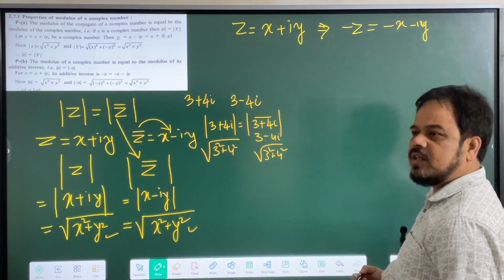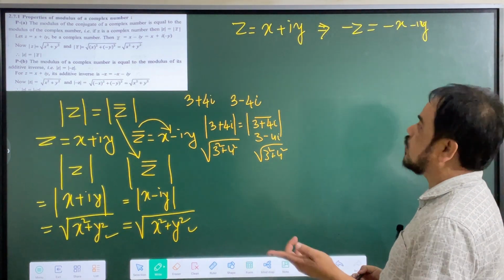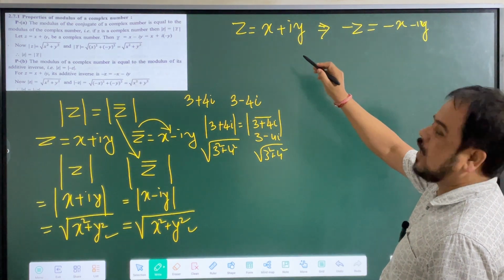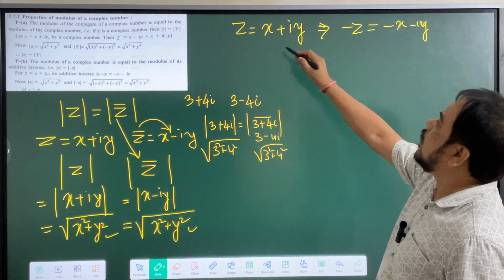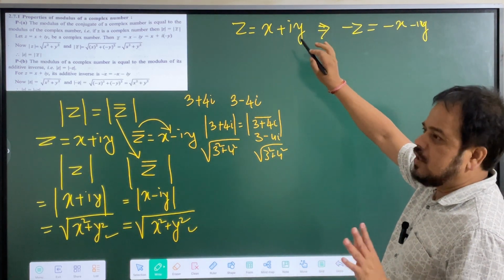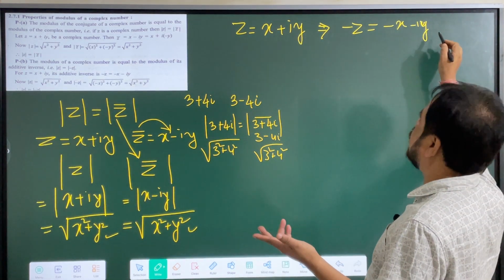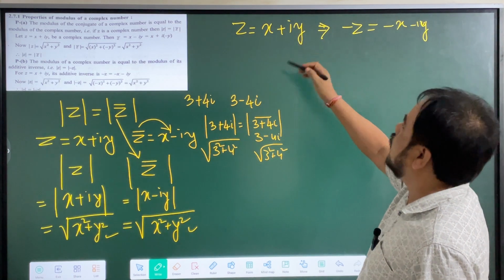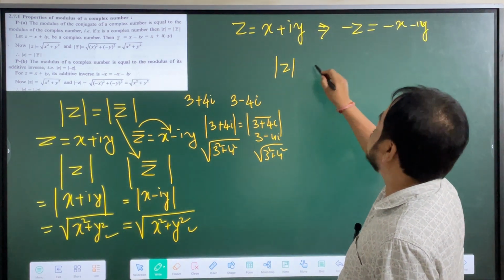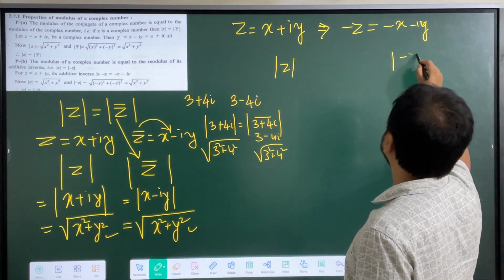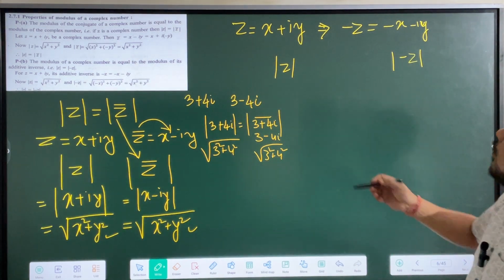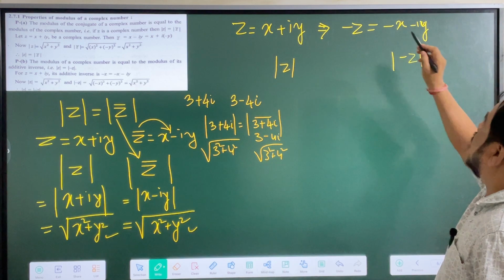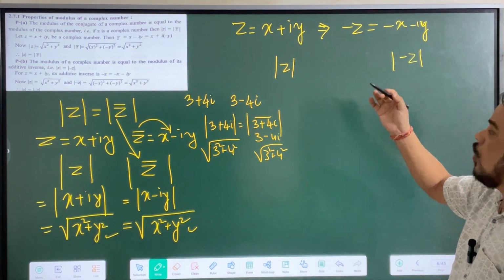We already got that: if Z is a complex number, its additive inverse will be minus Z. So let us see whether mod of z and mod of minus z are the same or not.